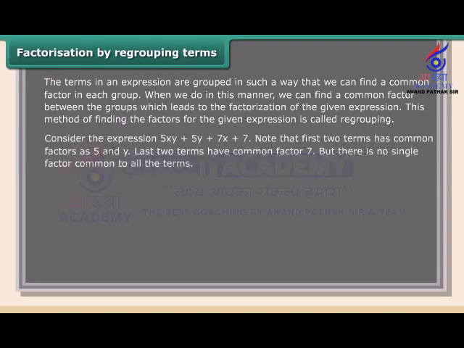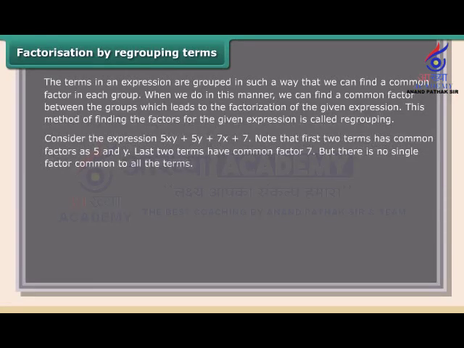Consider the expression 5xy plus 5y plus 7x plus 7. Note that first two terms have common factors 5 and y. Last two terms have common factor 7.